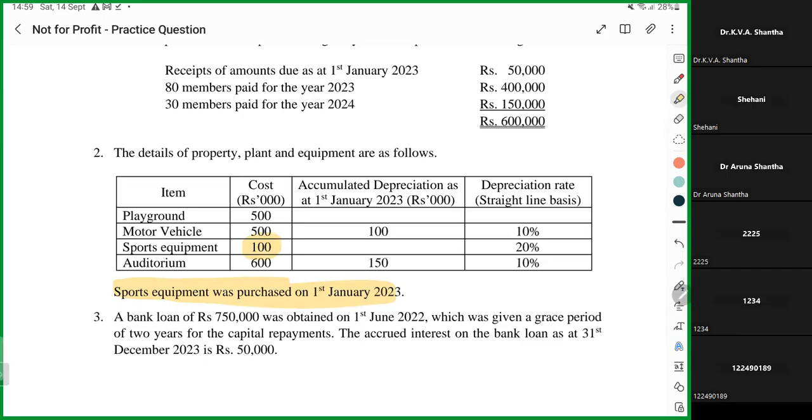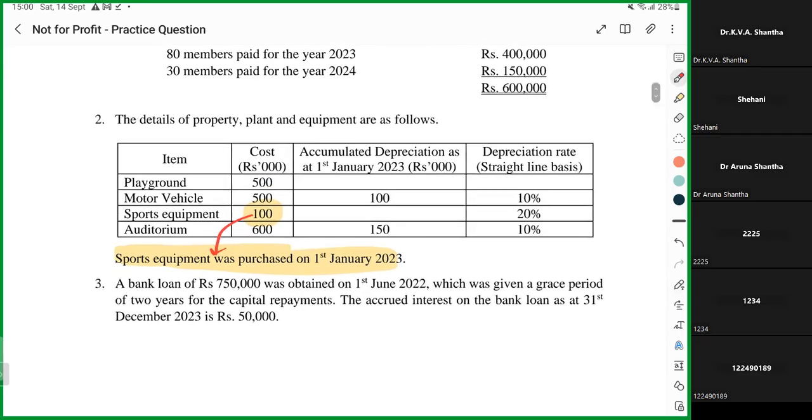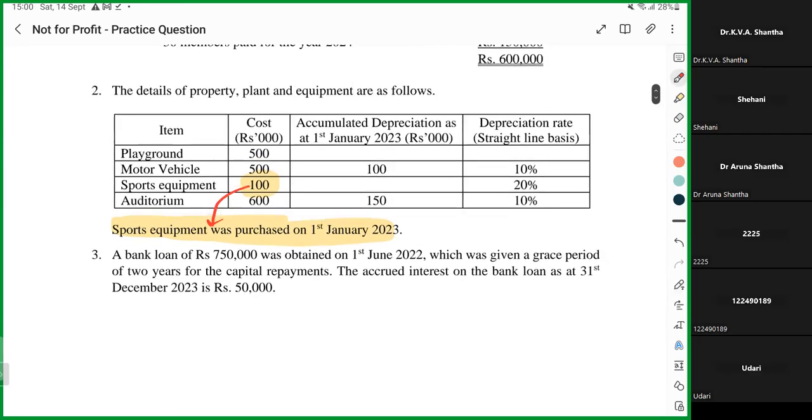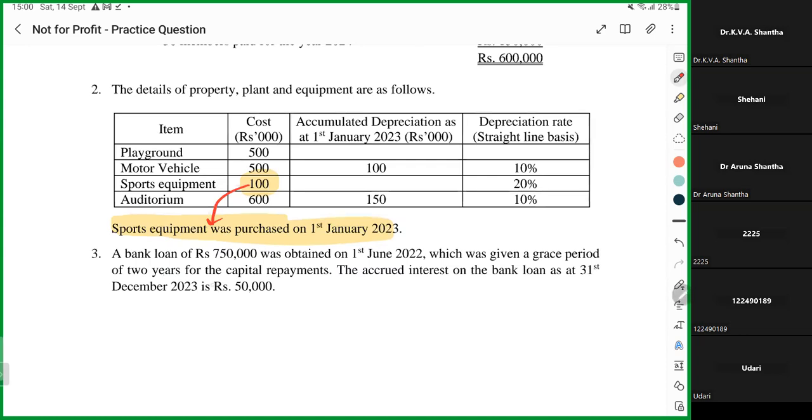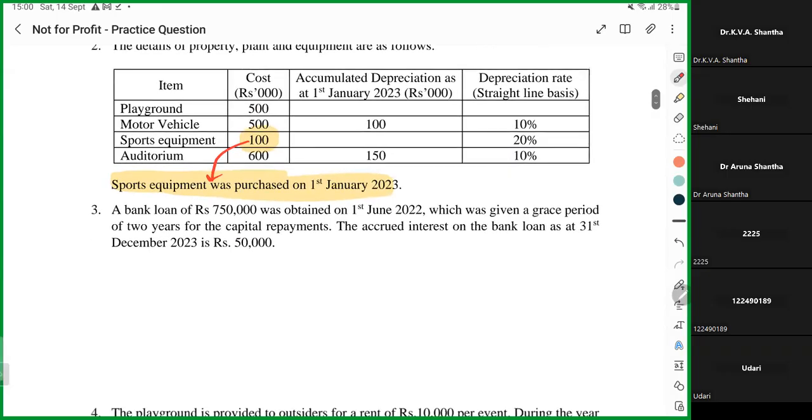According to the question, it was purchased on 1st January 2023. Then you have information on the bank loan.